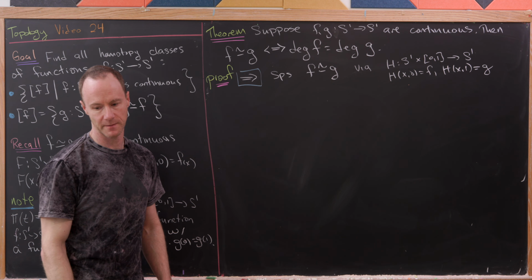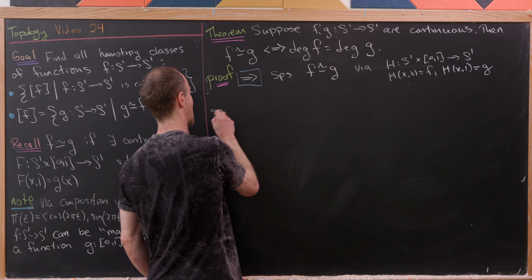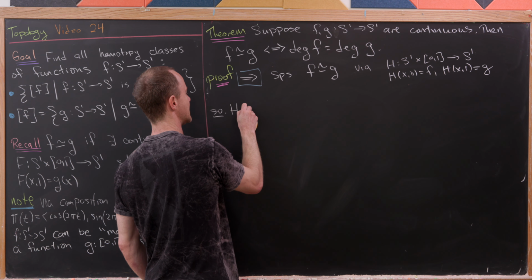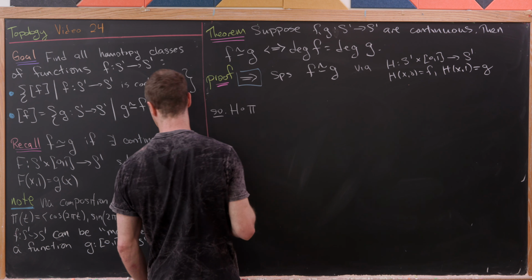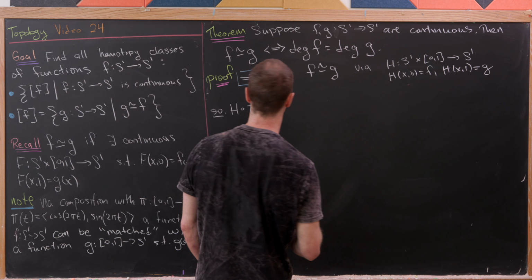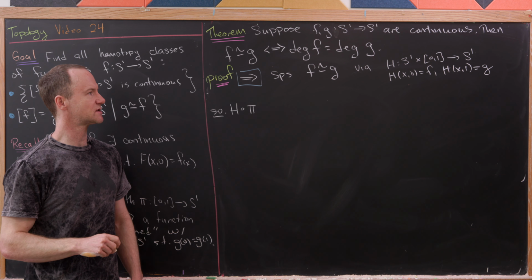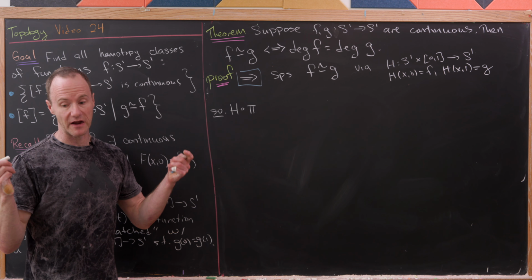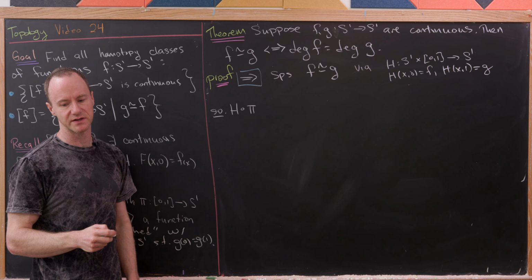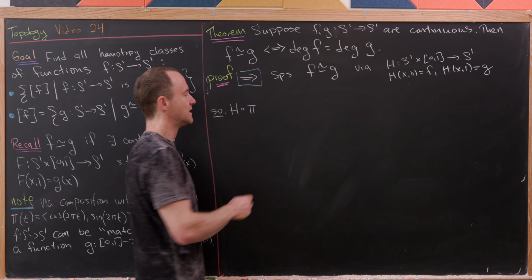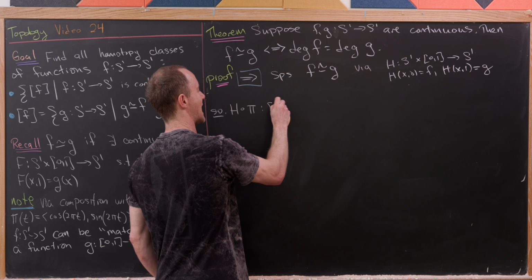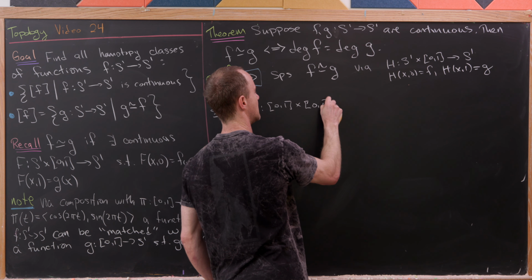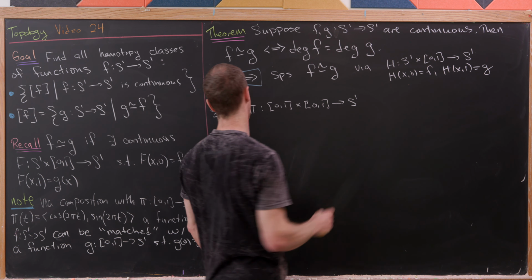Okay, nice. So what does that mean? So that means that if we take h and we compose it with pi, where the pi is like over here, and I guess we're composing the second variable of it with pi, but we won't be super careful about that, then that's going to be a map from [0,1] cross [0,1] into S1.